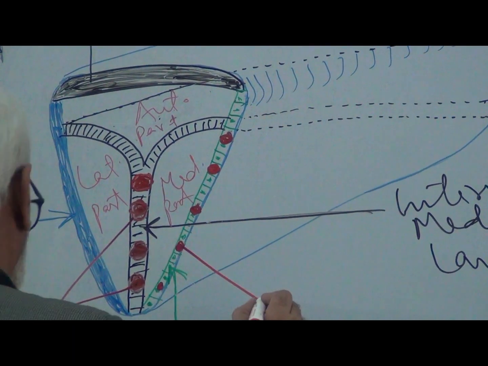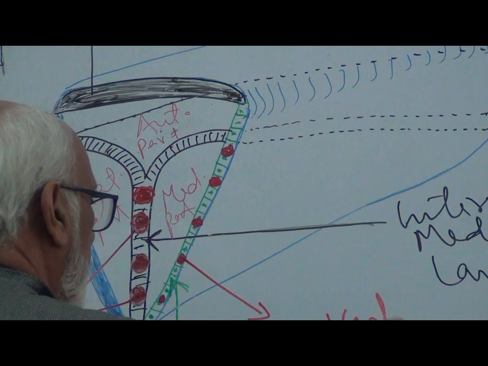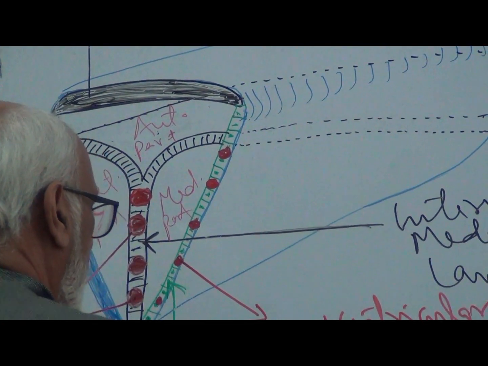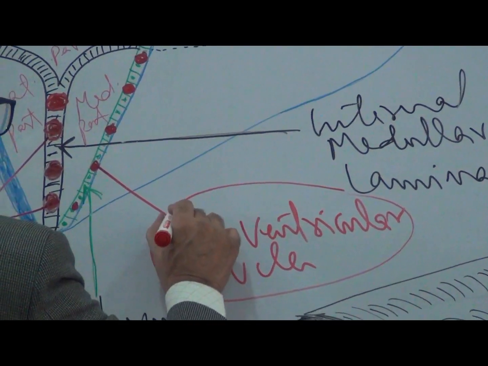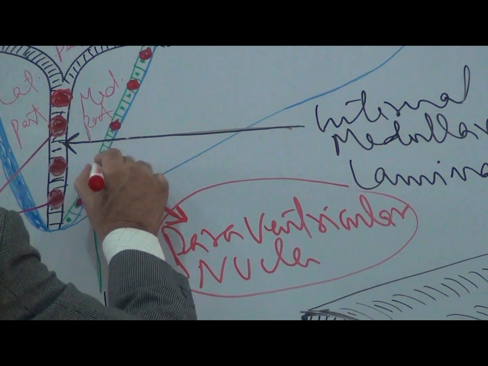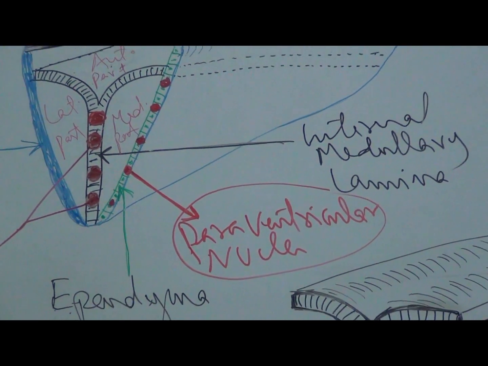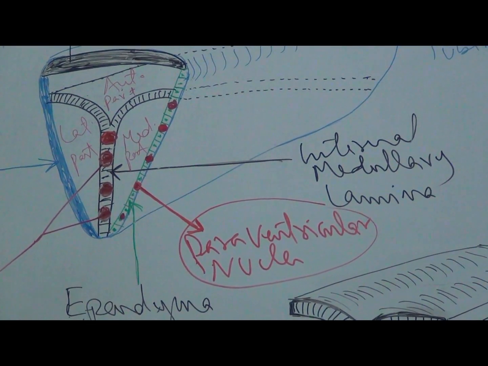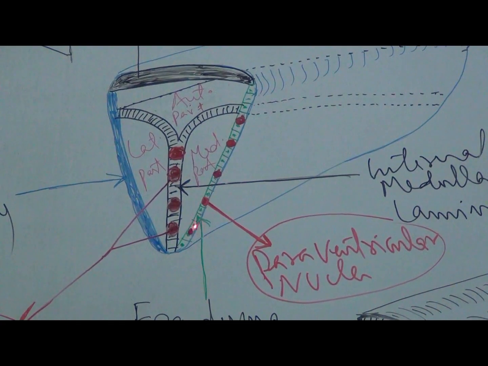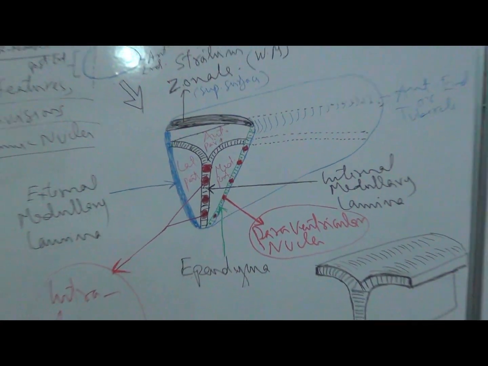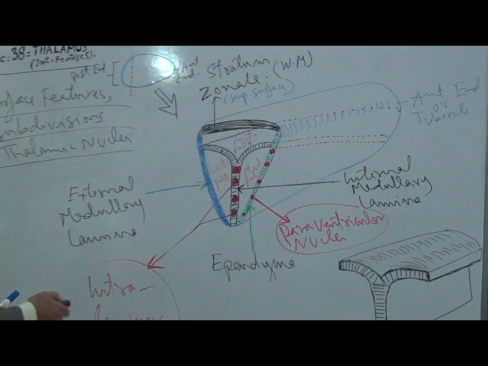These are the paraventricular nuclei, because the medial wall ependymal lining is forming the superior part of the lateral wall of the third ventricle. So, parallel to the third ventricle, paraventricular nuclei.